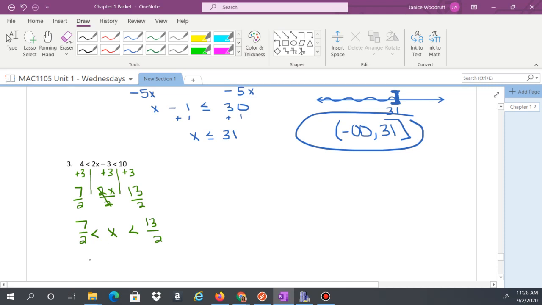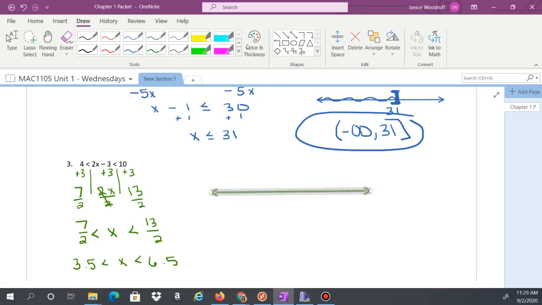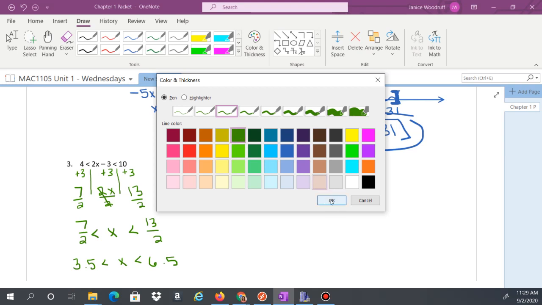It's in between those. On MyMathLab, you'd leave it as a fraction, but if you wanted to make that into 3.5 and 6.5, you can. That's fine. That doesn't bother me. So then for the number line on this one, x is between those numbers.